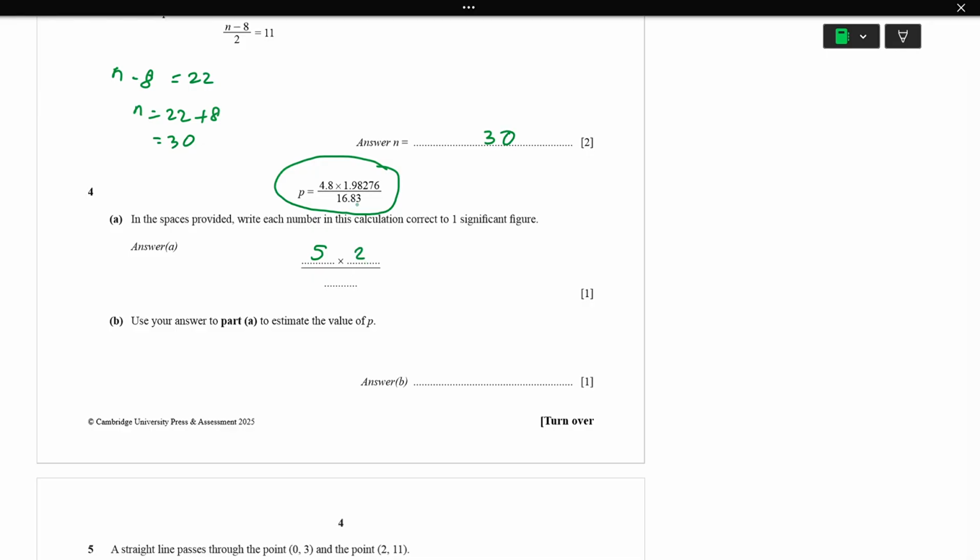Then down it is 16, which to one significant figure is 20. Now use your answer from part 1 to estimate the value of P. P equals 5 times 2, which is 10 over 20, which is 1 by 2 when we simplify, equal to 0.5. So 0.5 is the correct answer.